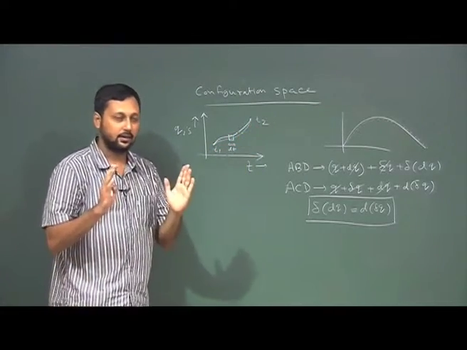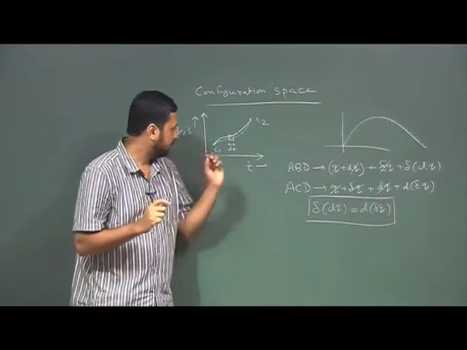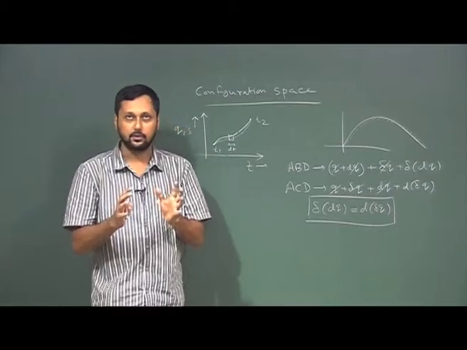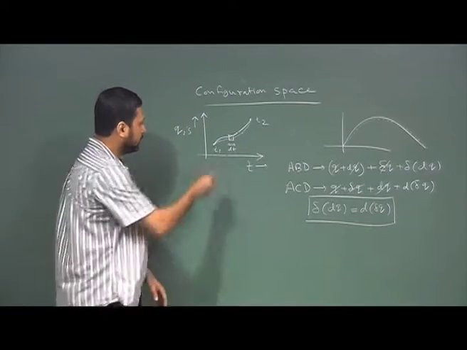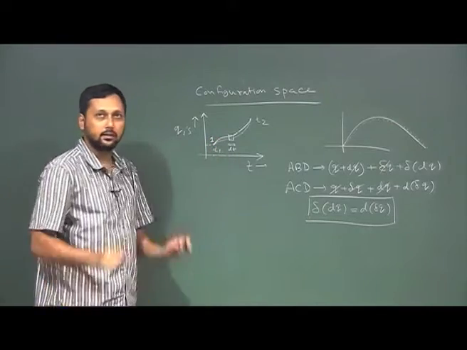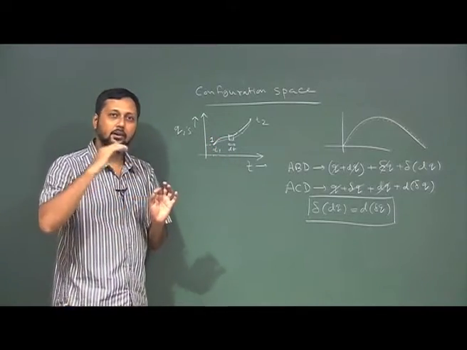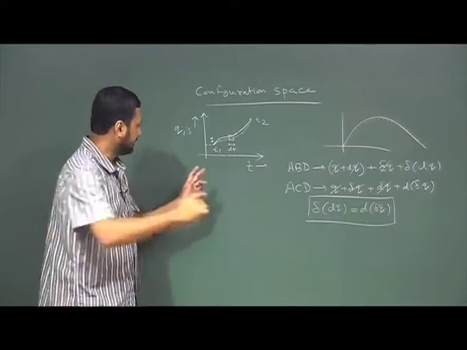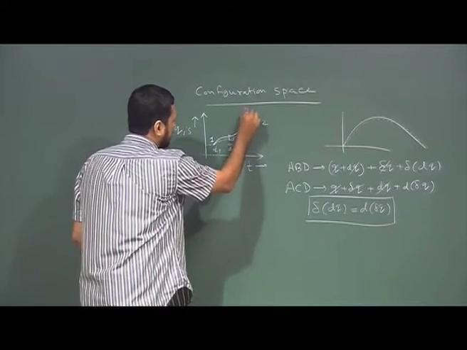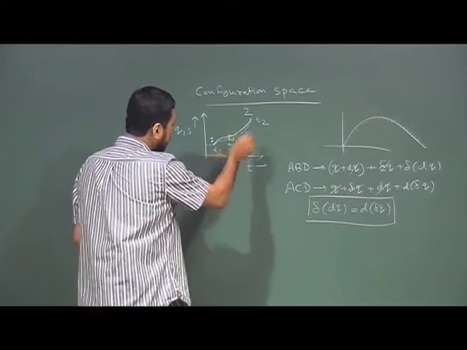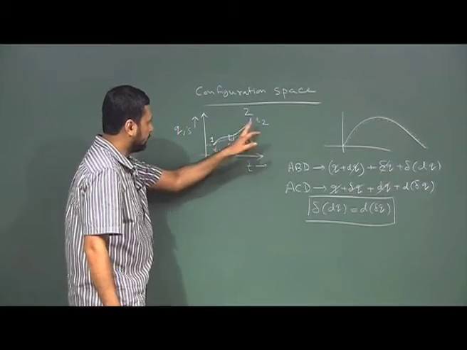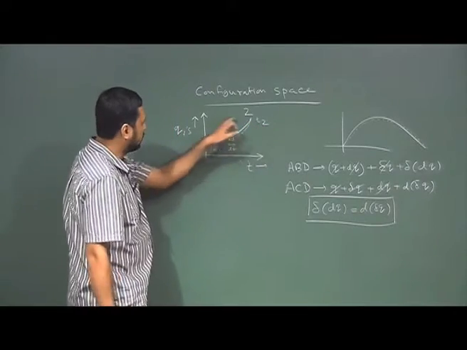So, let us have a situation. We have a system at time T1 which has a particular orientation or particular set of coordinates which corresponds to a fixed point. This is my point 1 in the configuration space, and I know after a certain time gap, at time T2, it will reach a fixed point 2, which has a time T2 and a coordinate Q2.